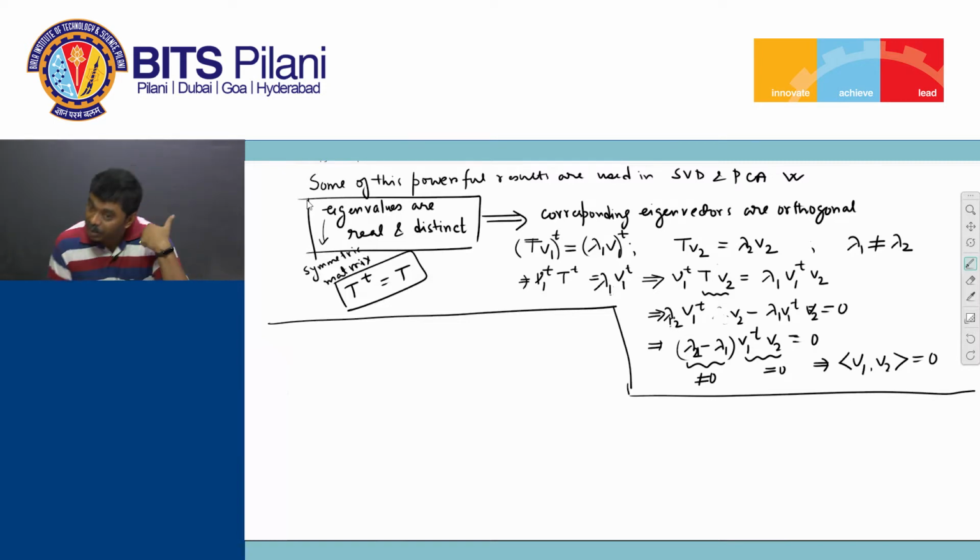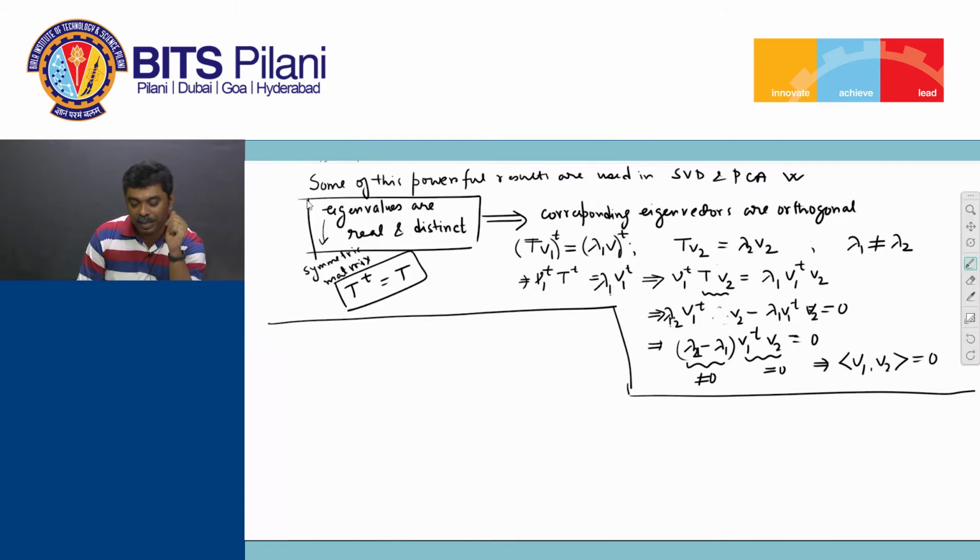So we did not have to compute the second eigenvector at all. We can just compute the first eigenvector and easily infer what the second eigenvector would be. That saves some computation cost.